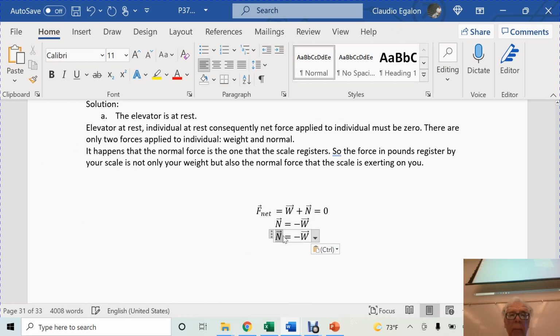And now I'm going to denote the scalar N as the magnitude. It's mg. Denote it like that.